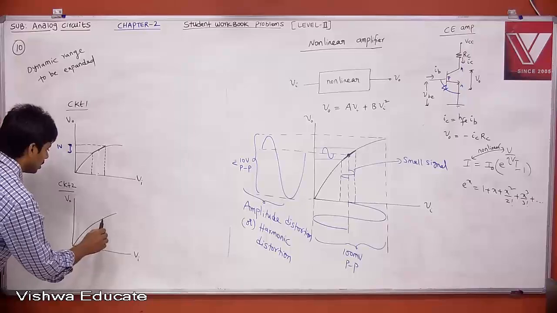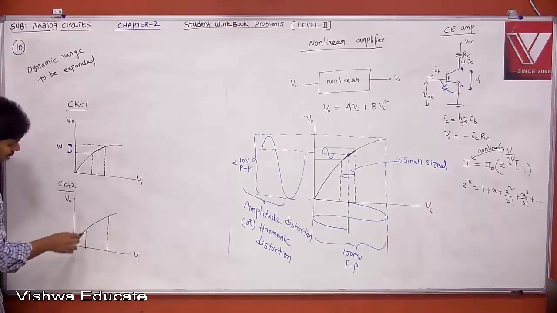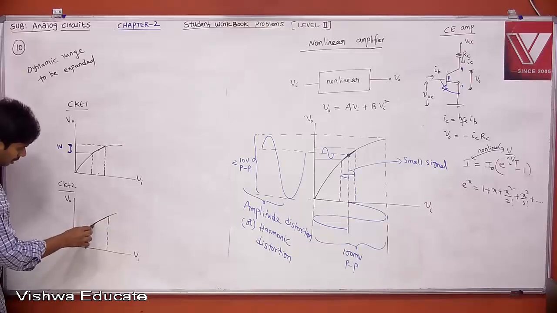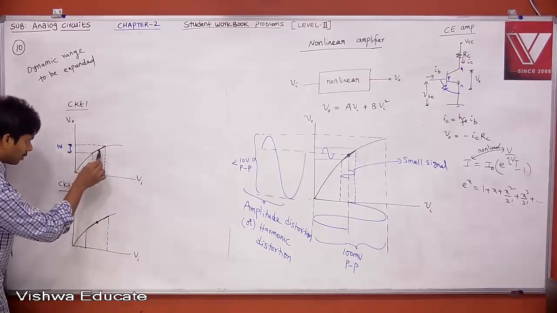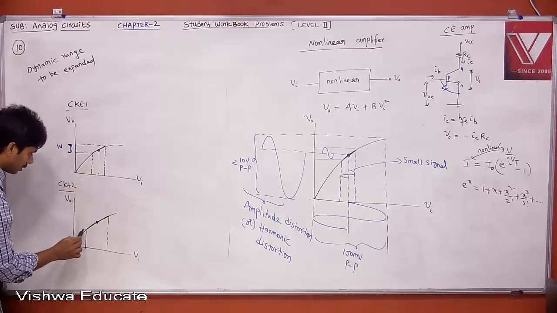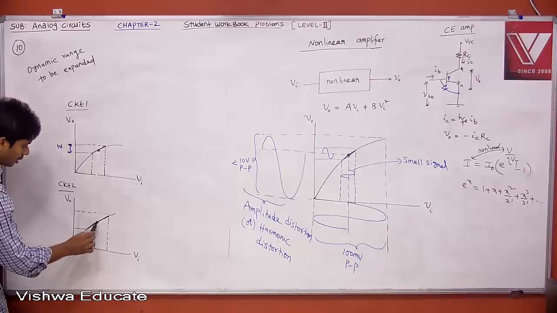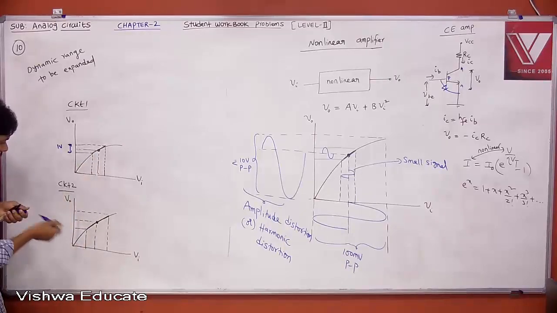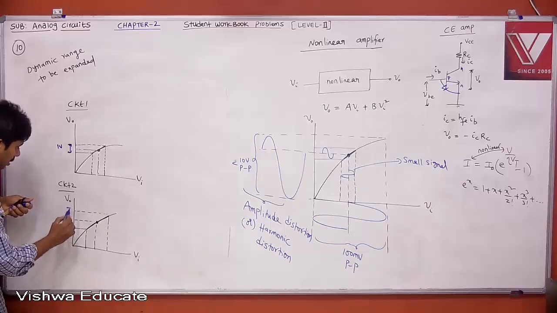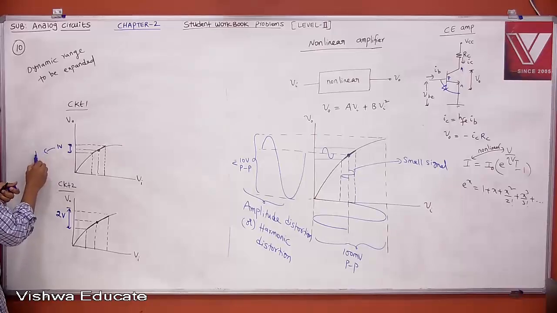So my range is more, in the sense that it is almost linear here. Therefore, this is my dynamic range, and this is your operating point. Similarly, this is your operating point. Now if you ask me what the dynamic range is, you can say it is almost 2 volt. Therefore this is our dynamic range with respect to output.